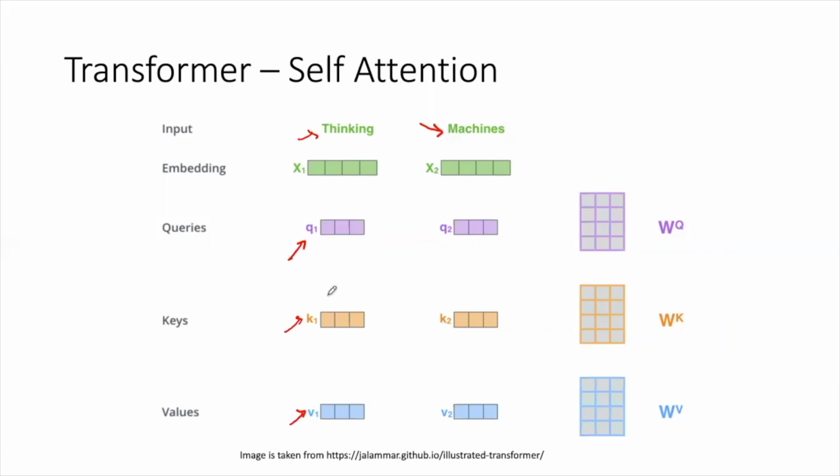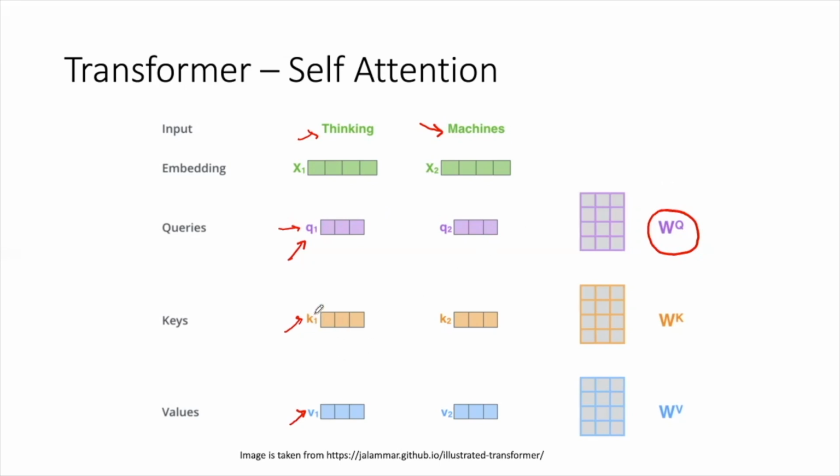These vectors are obtained by multiplying the input vector x1, for example, with WQ, which is a matrix. That is a linear transformation of the input vector. So Q1 is obtained by a linear transformation of x1 via the matrix WQ.